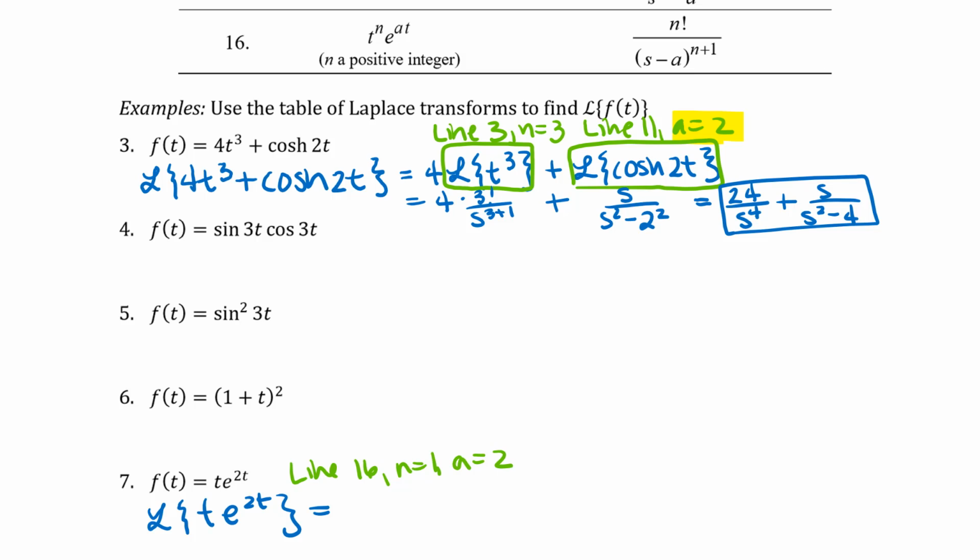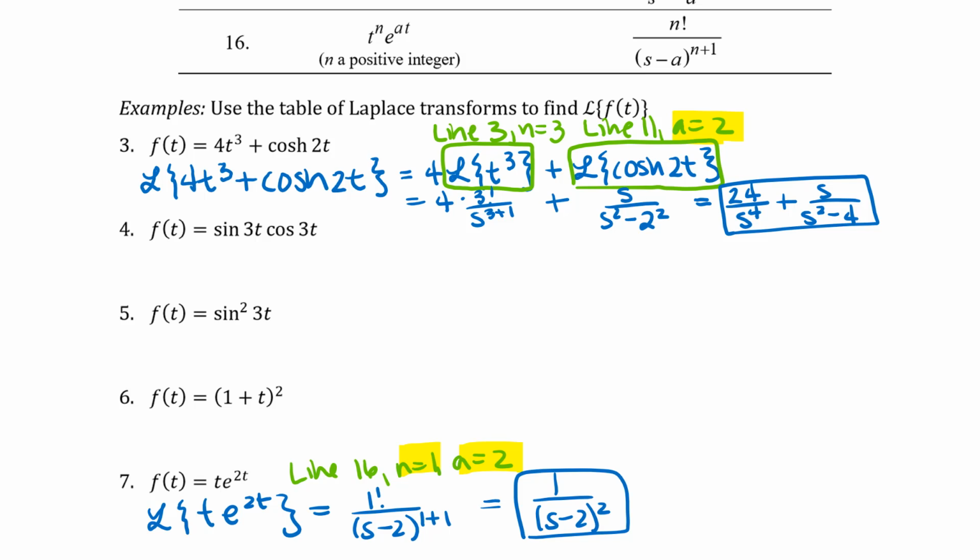You'll probably find it helpful to write these little notes to yourself so that when you put those numbers into your Laplace transform, you're putting the right number in the right place. Okay, so just using the right column of that table, I have 1 factorial over s minus 2 to the 1 plus 1. Or I could rewrite that as 1 over (s minus 2) quantity squared.